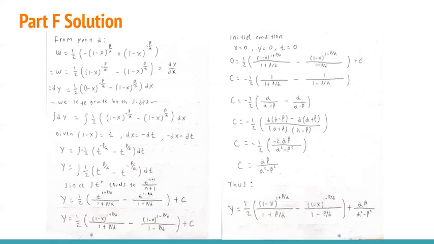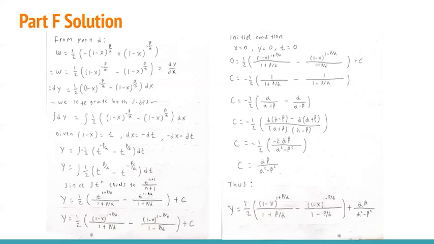So from here, we know that 0 equals 1/2 times (1 minus 0) to the power of 1 plus beta over alpha, which equals 1 over 1 plus beta over alpha, minus (1 minus 0) to the power of 1 minus beta over alpha, which also equals 1 over 1 minus beta over alpha, plus c.